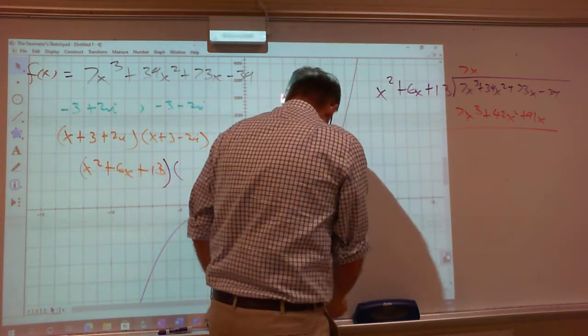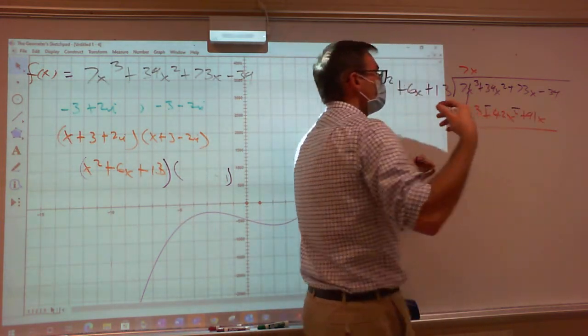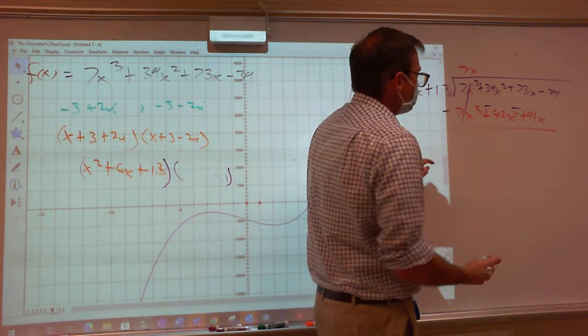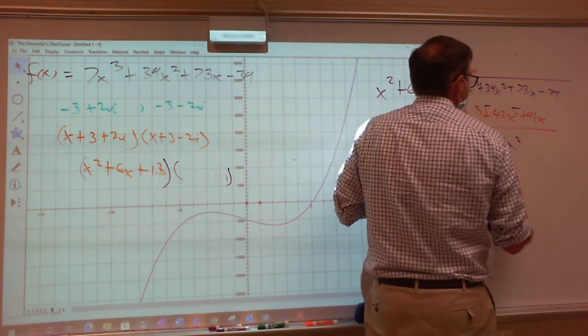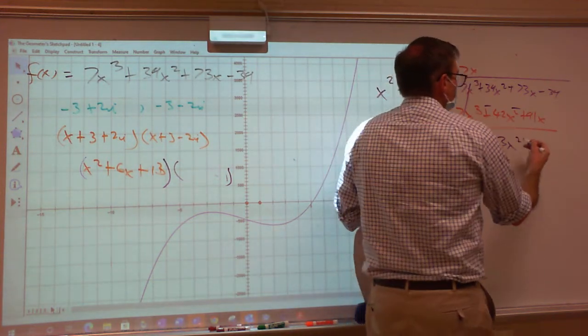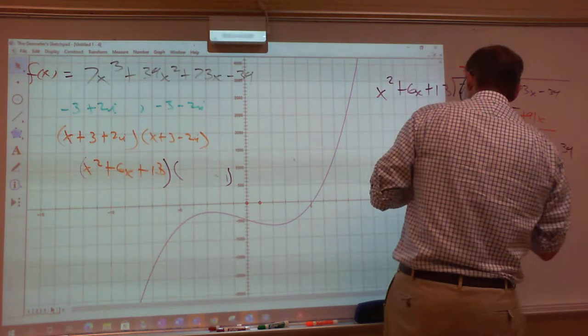Now I subtract. Minus, minus, minus. This cancels. 39x squared minus 42x squared is negative 3x squared. 73x minus 91x is negative 18x, minus 39.